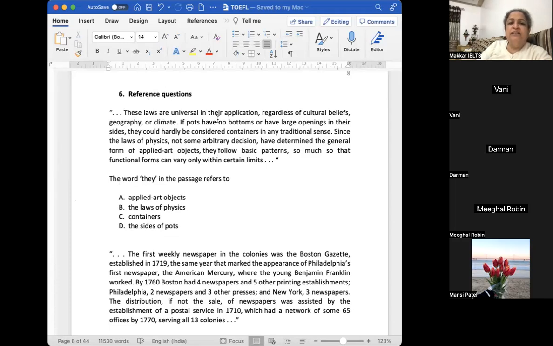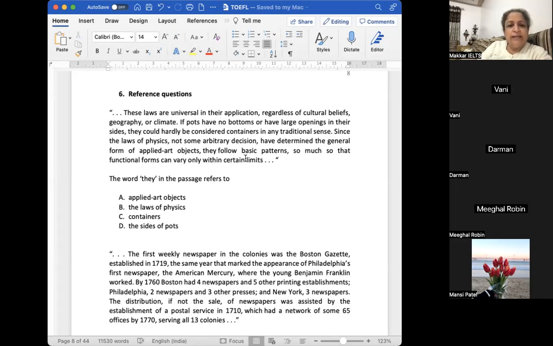These laws are universal in their application regardless of cultural beliefs, geography or climate. If pots have no bottoms or have large openings in their sides, they could hardly be considered containers in any traditional sense. Since the laws of physics, not some arbitrary decision, have determined the general form of applied art objects, they follow basic patterns, so much so that functional forms can vary only within certain limits.